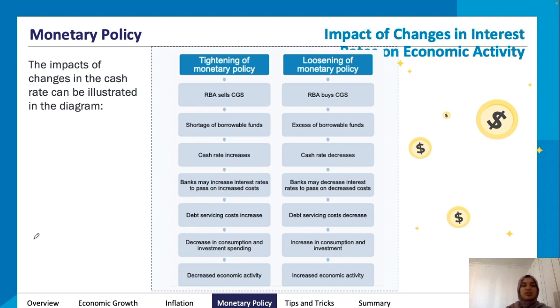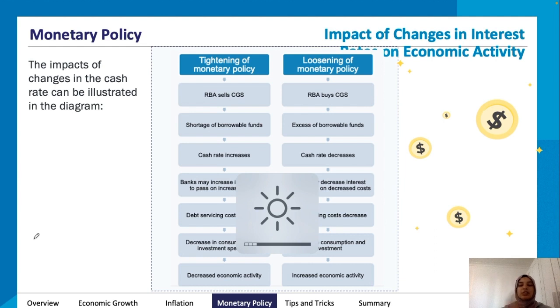We know the simple rule that when there is a decrease in supply, the prices will increase, because there's not as much available. Think back to the Yeezy example that I went through earlier. Then they will increase the cash rate, which again is not directly related to the interest rate yet. There are also a few steps in between. Banks may increase the interest rates if they wish to pass on the increased costs. They don't have to, but they can.